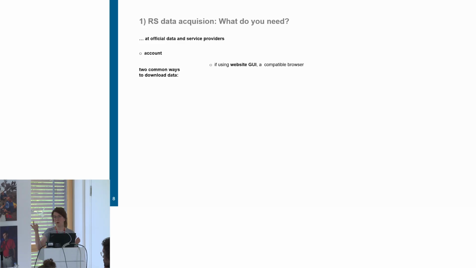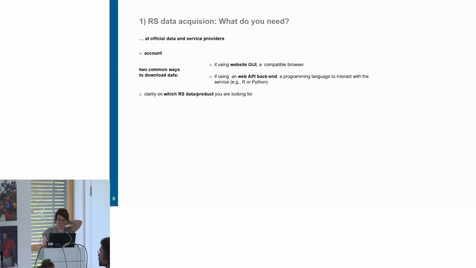Basically all of these providers have a website with a GUI, where you can specify the extent you want to download, the date range, and the data sets. Then you just need a compatible browser, but I haven't encountered any problems there. If using a web API backend, you need a programming language that can access that service, for instance R or Python.